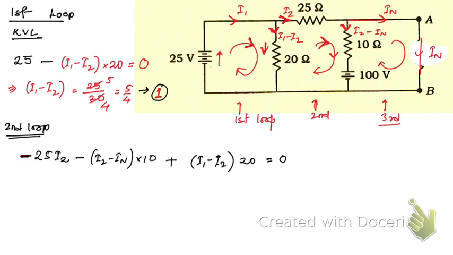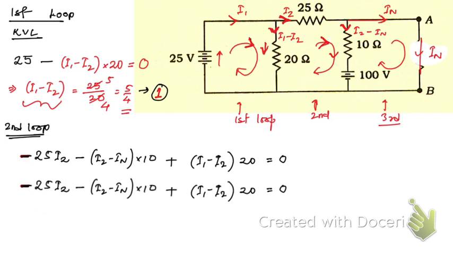Now you see that this is equal to 5 by 4, so we can replace this by 5 by 4. Let me repeat this line again. We are going to replace this I1 minus I2 by its value from equation number 1, that is 5 by 4.